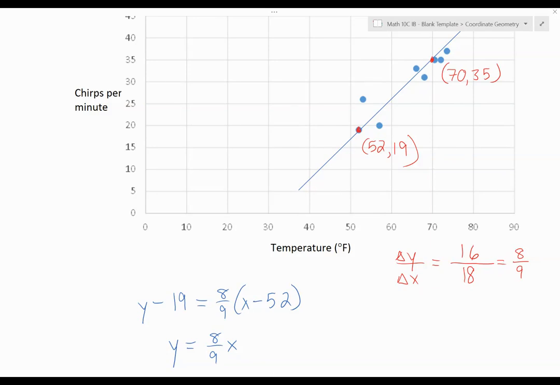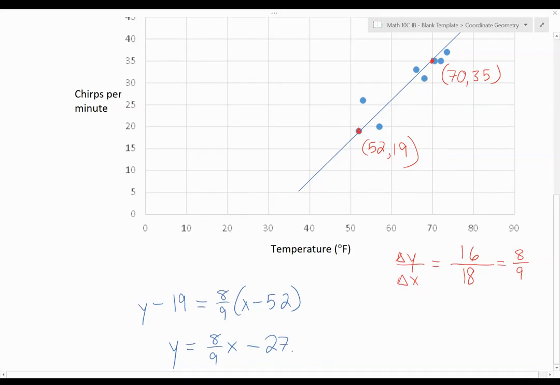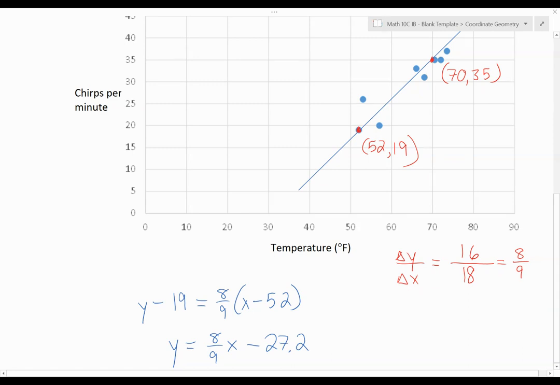So I get about negative, I'm going to put this as a decimal, negative 27.2. And I'll round it, so I'm going to put the slope as a decimal too. I'll call that 0.89, a rounded value. There's no point in putting the 0.8 repeating, because that's very precise, but this is all just an estimate anyway. So this equation could be considered a best fit line here.